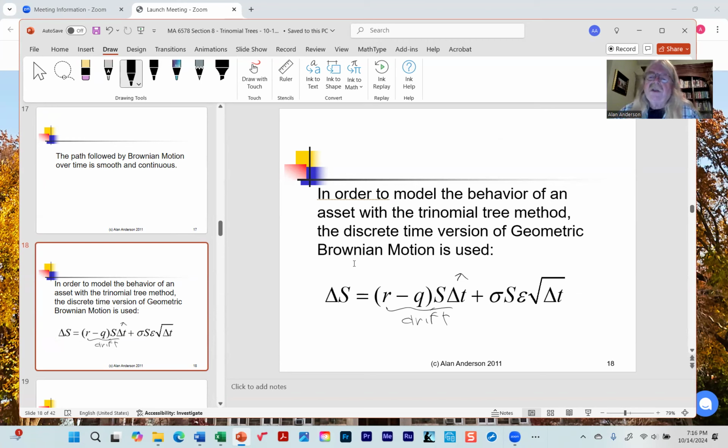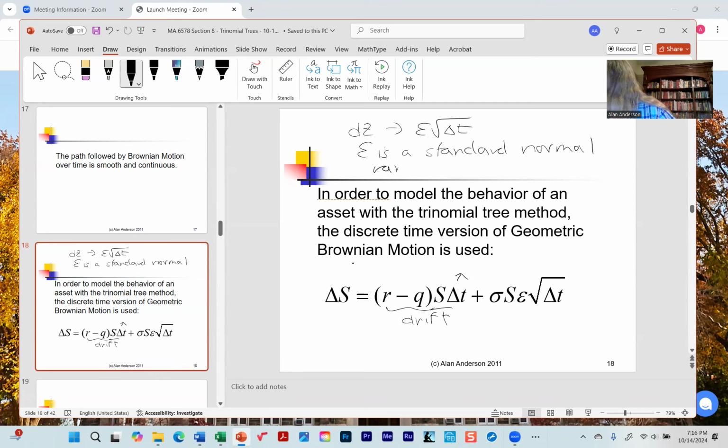And then what's interesting over here is dz, when it reduces to a discrete process, it's going to be expressed in the following way. This epsilon is a standard normal random variable.